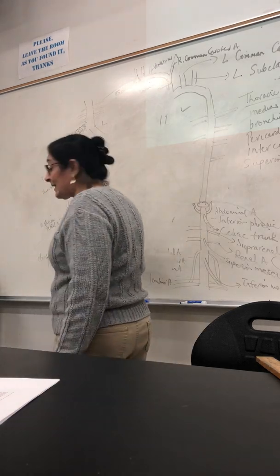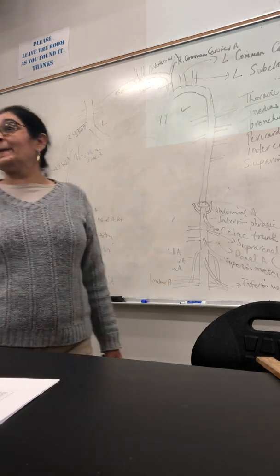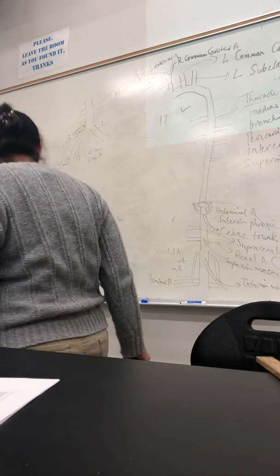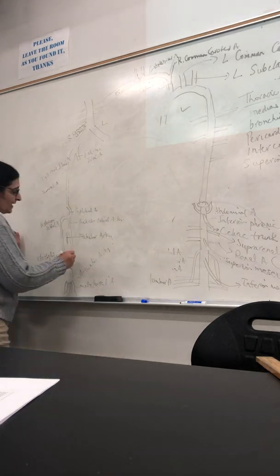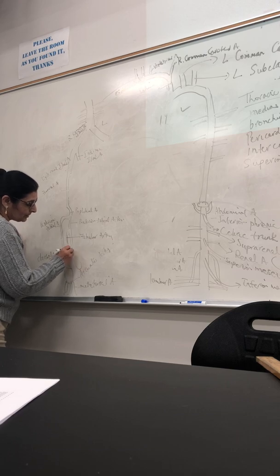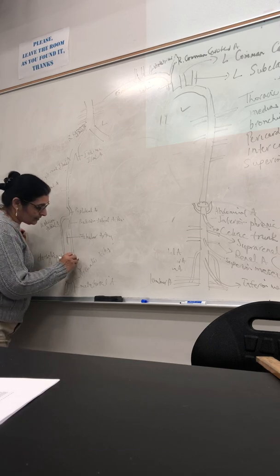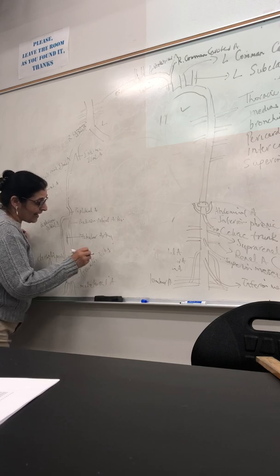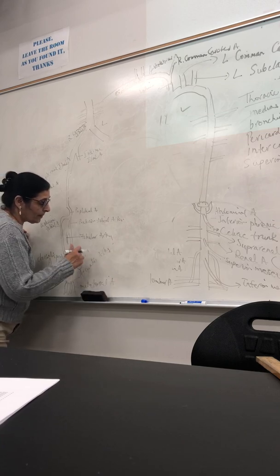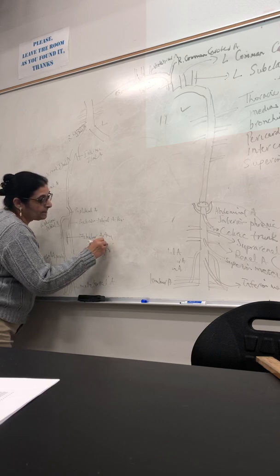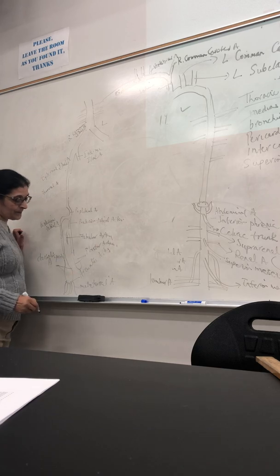The posterior tibial artery that goes behind, it goes to the sole of your foot. And that also forms an arch on the sole of your foot. And this is known as the medial and lateral plantar arteries.